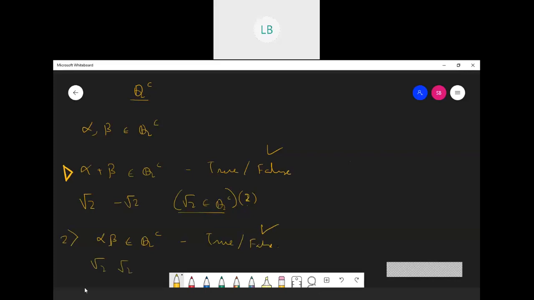Here we are getting 2. Again, we assume that root 2 is irrational. Somehow we'll prove that, or at least discuss how to prove it. But then alpha times beta can also be rational. So the irrationals are not closed under addition and not closed under multiplication.